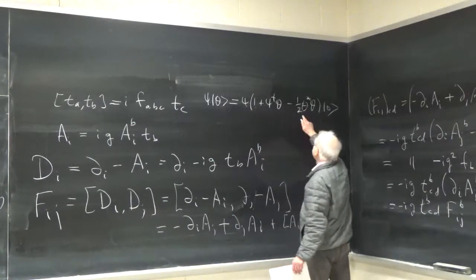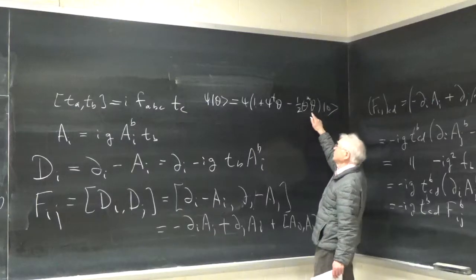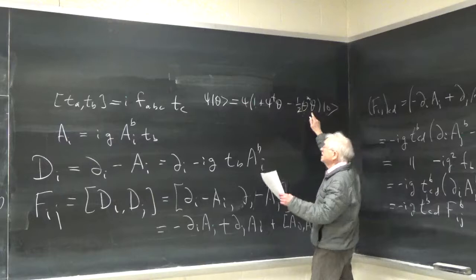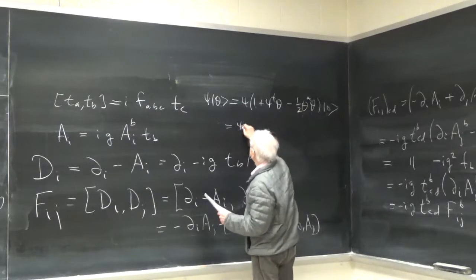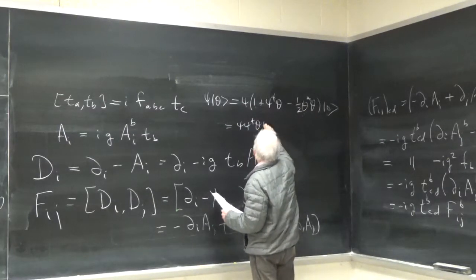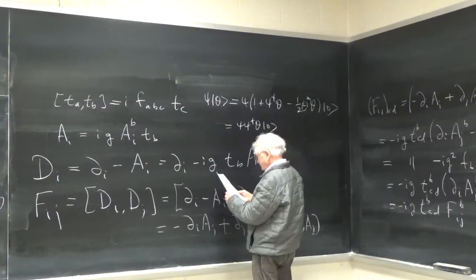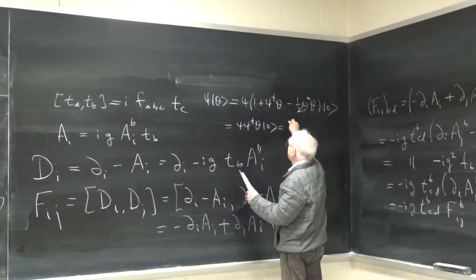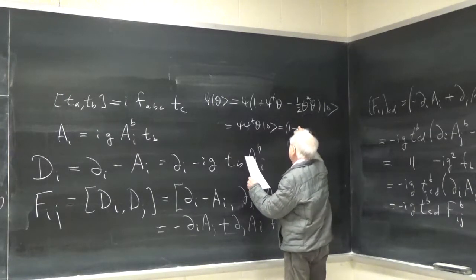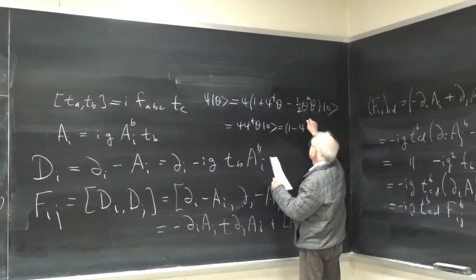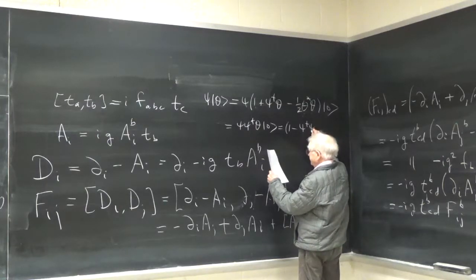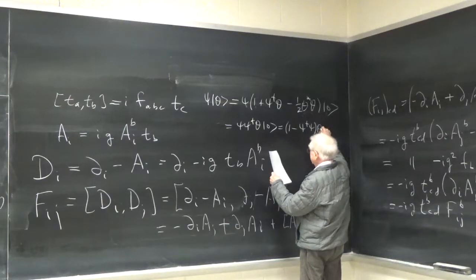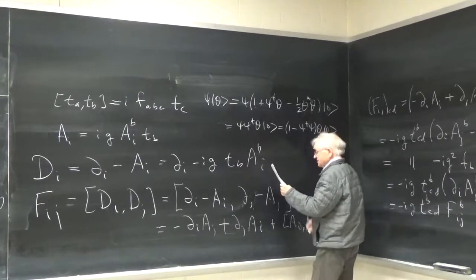Also, psi hitting this would give 0 because psi would anti-commute with the Fermion, with the Grassmann variables. So the only term we have is psi dagger theta 0. And we can rewrite that as 1 minus psi dagger psi times theta times this ground state.